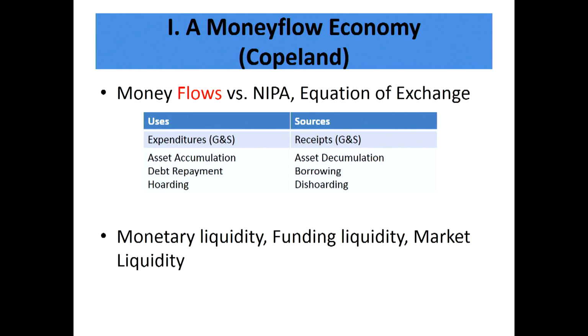Last thing on this slide, this bottom bullet point: these words that we're going to come back to, monetary liquidity, funding liquidity, and market liquidity. I want to line them up with this accounting structure. When you are a deficit agent and you need liquidity, you need to fill that spending gap, monetary liquidity refers to filling that spending gap by using your reserves of money, dishoarding.